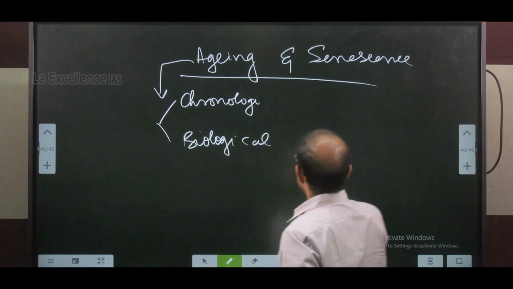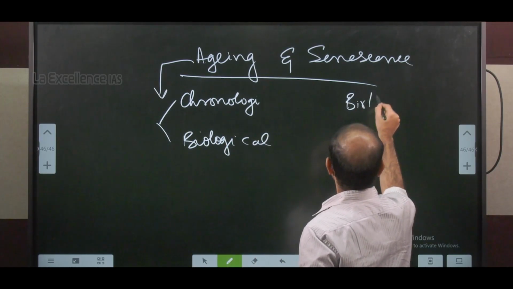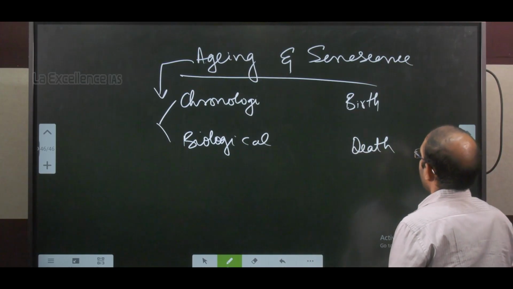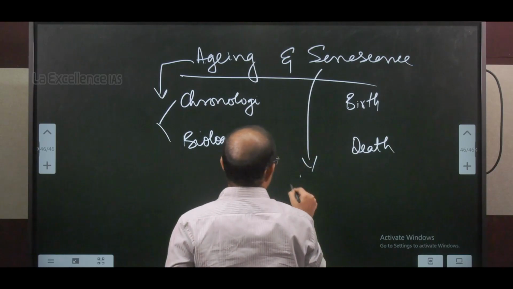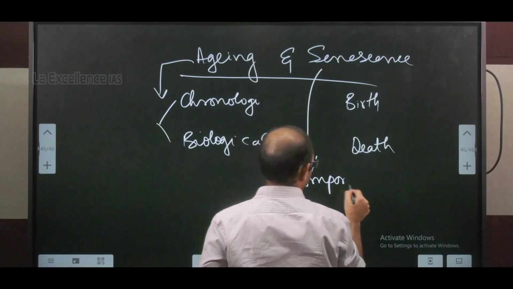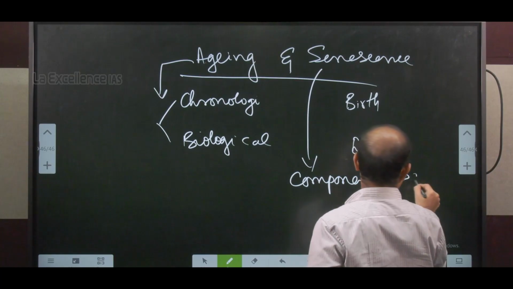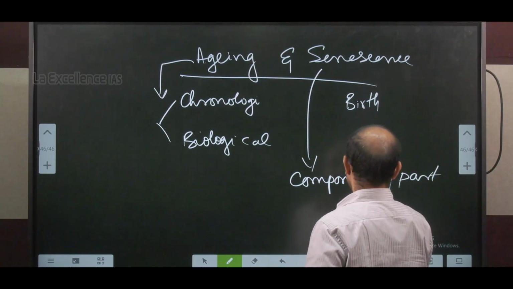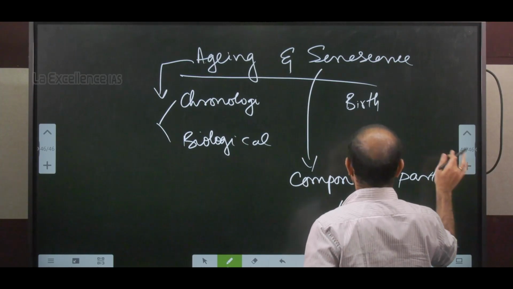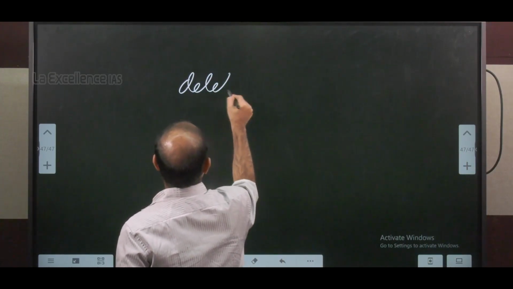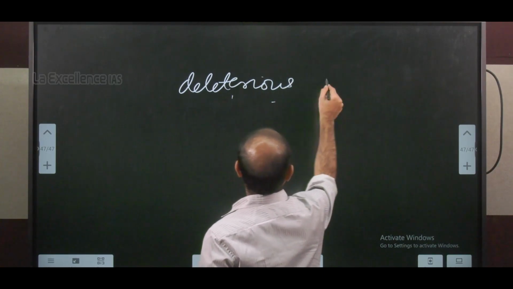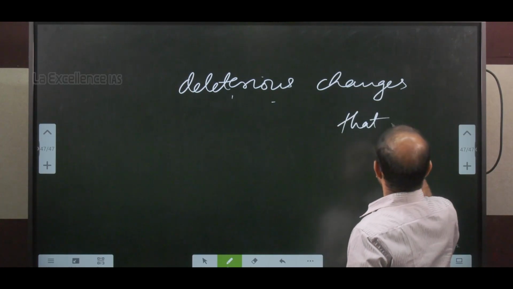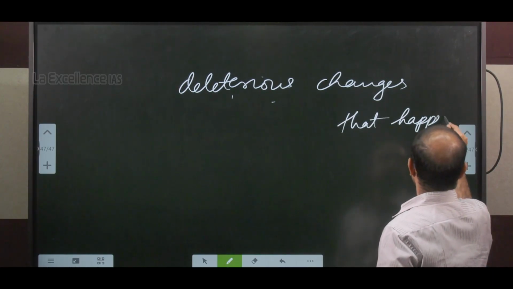And aging starts with birth and continues all the way till death. That is aging. What is senescence? Senescence is a component or a part of aging, and it generally refers to the later stage, or senescence refers to deleterious changes that happen in the last phase of life.